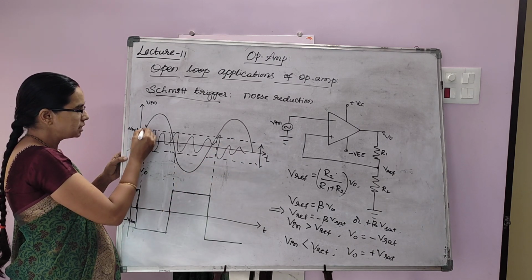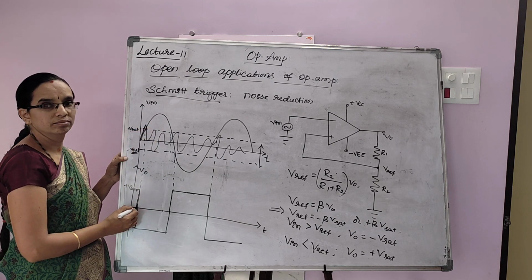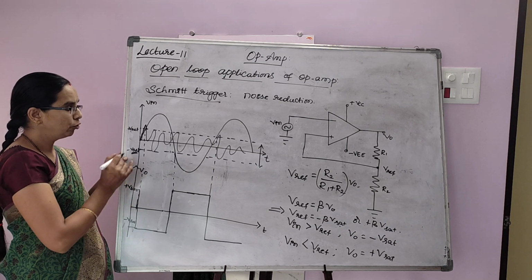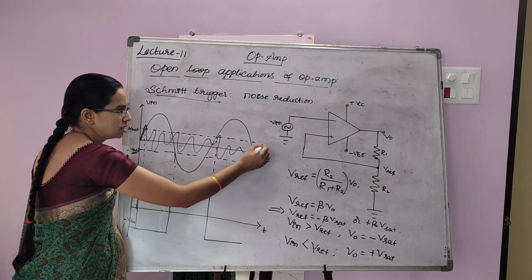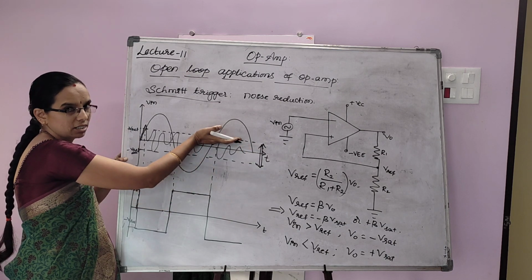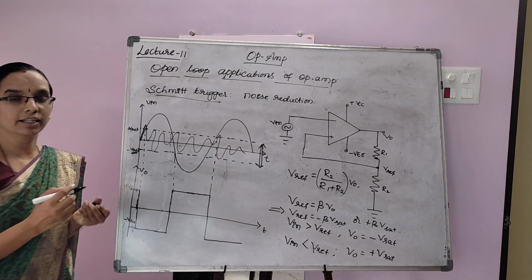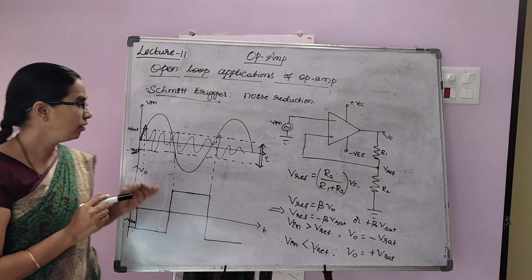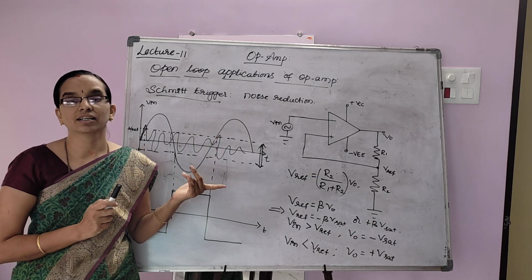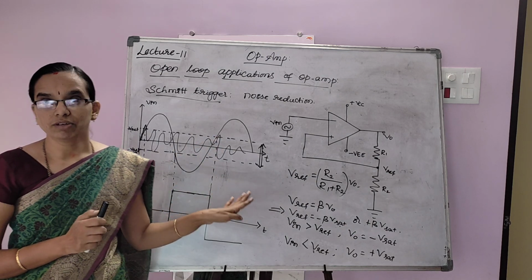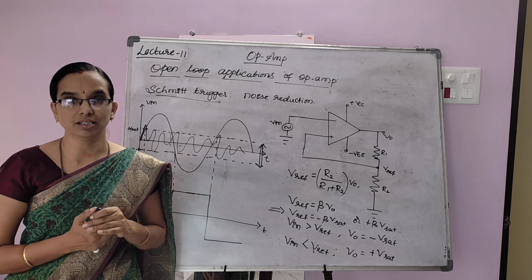If the noise signal crosses the reference voltage, then only the output will fluctuate, or else the output will not fluctuate. If the noise voltage remains within these two threshold reference voltages, then the output will not get affected. If the noise voltage crosses the limit, then only the output will fluctuate. This is the advantage of the Schmitt trigger over the zero crossing detector.